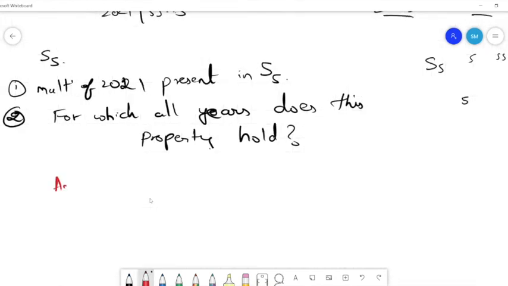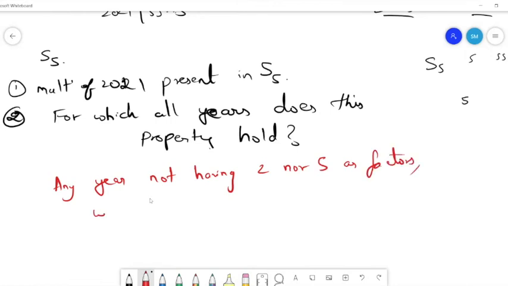So any year not having 2 nor 5 as factors will satisfy this property.